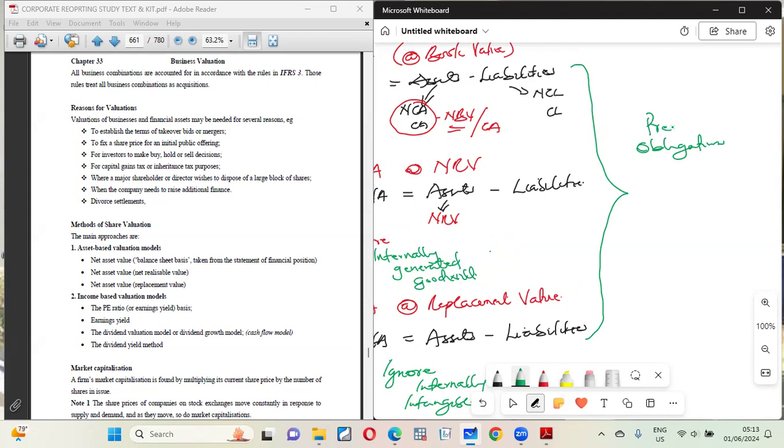The word present obligation means that it is unavoidable. So these are things you cannot avoid. You can't avoid it. So that is the meaning of present obligation.